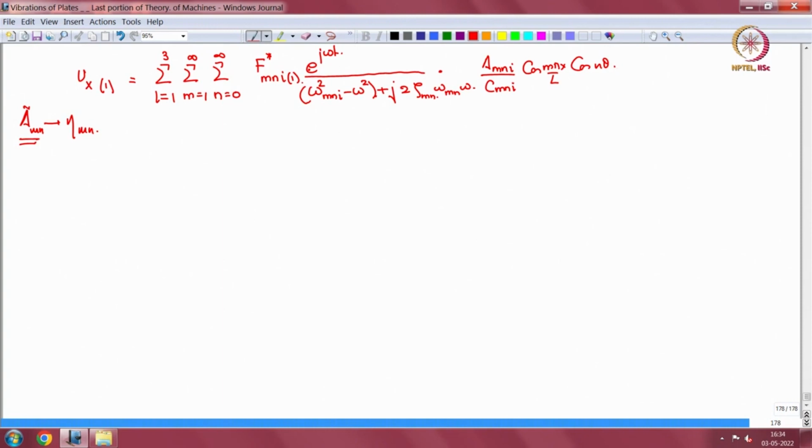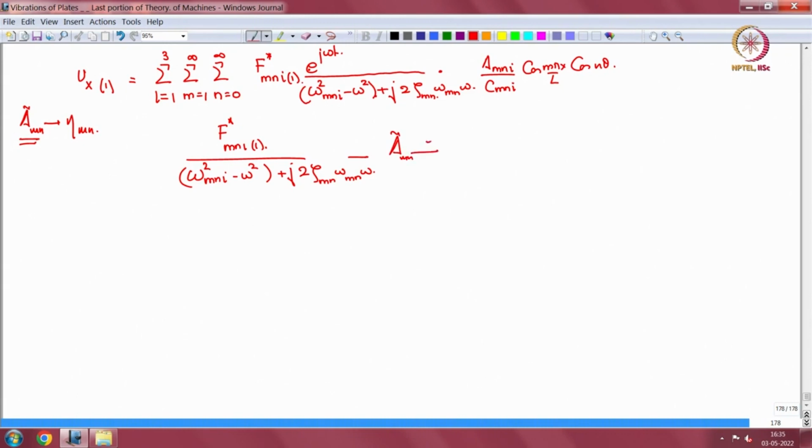Okay, I hope you got the steps. We had f star mni, which we computed on the previous page. If I divide that by omega square mni minus omega square plus j 2 zeta mn omega, I get my gamma tilde mn.